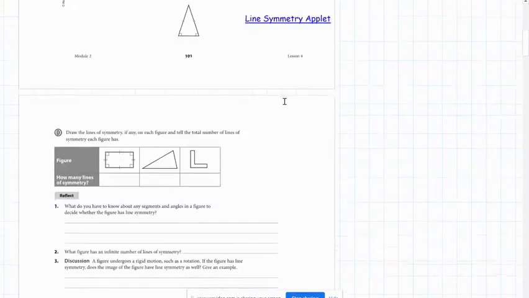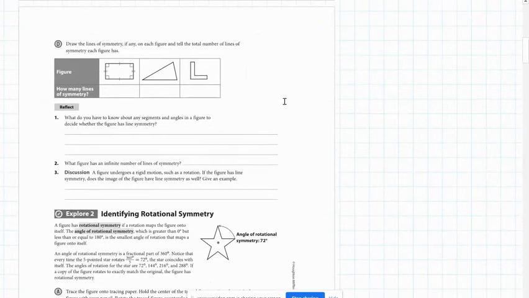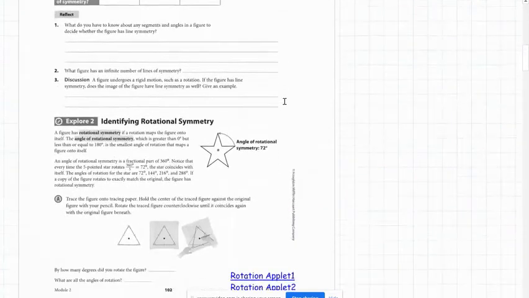And then moving on to the next type of symmetry, which is rotational symmetry. Rotational symmetry is when you can turn a figure some measure less than 360 degrees and have it look exactly the same.